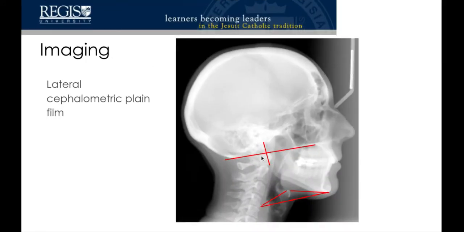Whereas here, if you come back through the odontoid, you can see that some of those vertebral bodies are in front of that imaginary line, but some are behind. And you can see how flat the cervical spine looks. And you can see how little lordosis there is. In fact, maybe if you squint enough, you can almost see a reversal of the lordosis there.